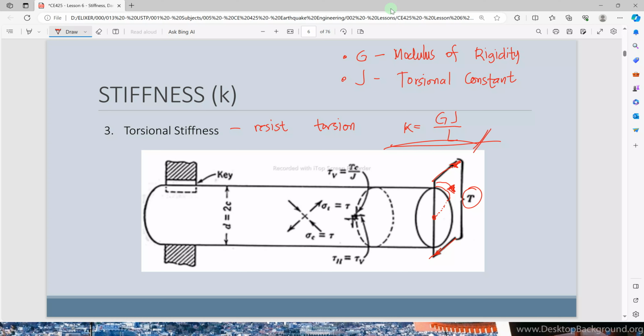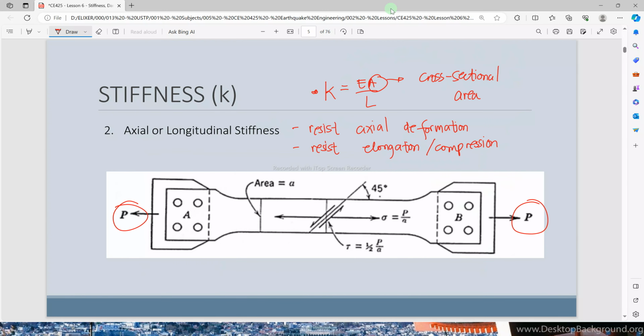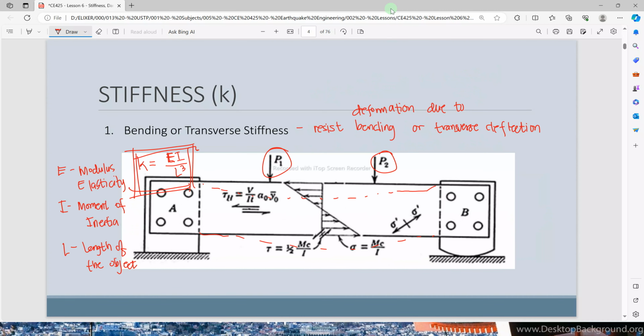So ang unit ani ni torsional stiffness is in SI is Newton meter per radians. Sa axial or longitudinal stiffness, yung unit is in Newton per meter. And sa bending in SI, yung unit is also Newton per meter.